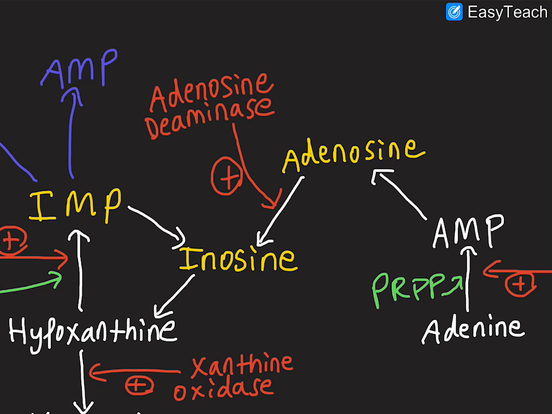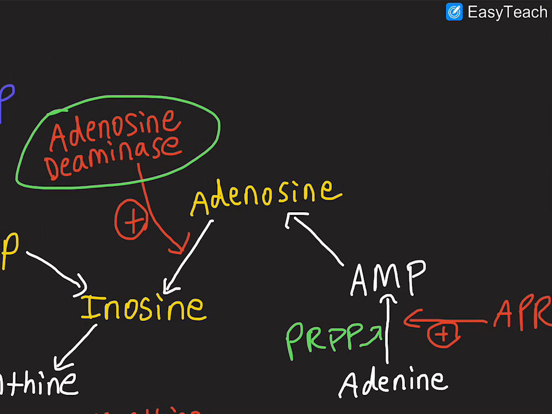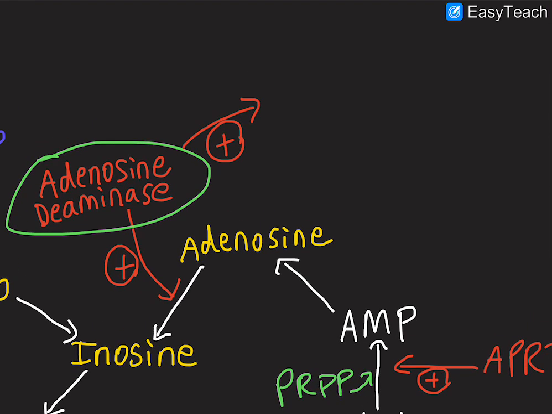So remember, in the purine salvage pathway we had an enzyme called adenosine deaminase, right? And we said that this enzyme converted adenosine, which is a nucleoside, into inosine. But we should also know that adenosine deaminase helps convert deoxyadenosine into deoxyinosine.